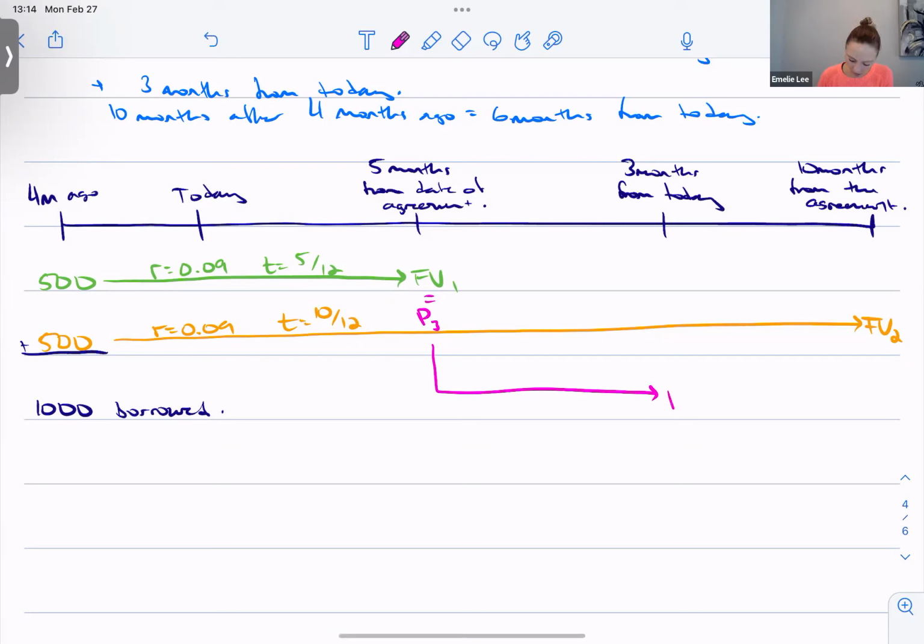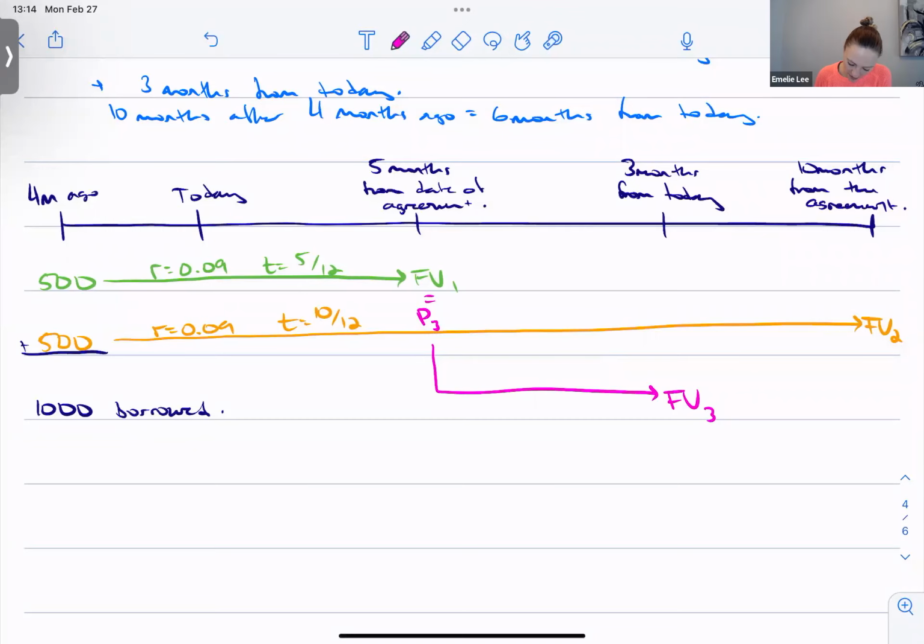Okay, but we actually want to know what the future value 3 is. Okay, so notice here that these 2 payments are equivalent. So this future value 1 turns into principal amount 3, and then I know that dollar amount, so then I can find future value 3.